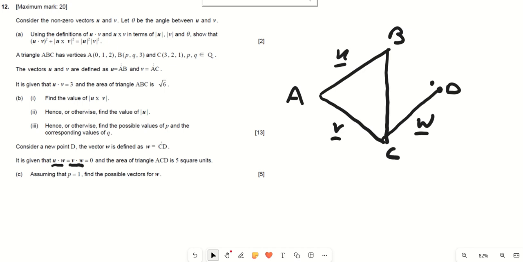And okay, so I also know something about the area of the triangle ACD.